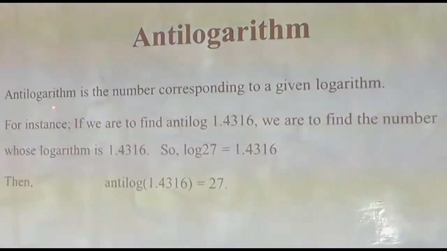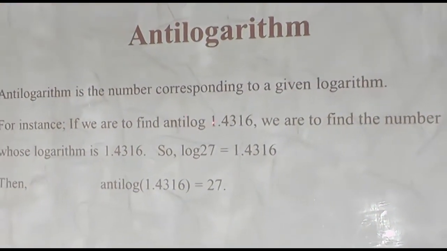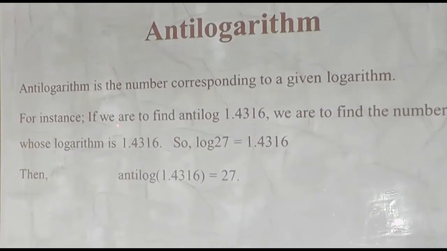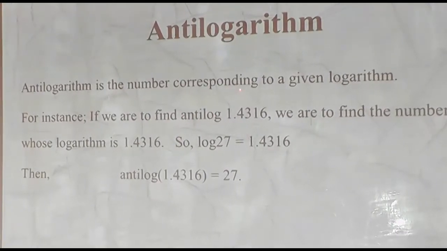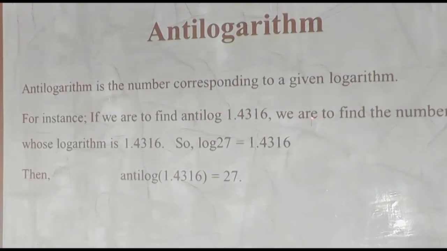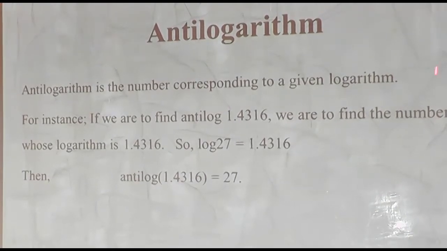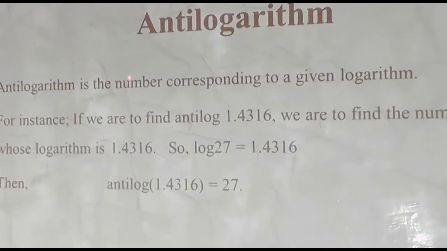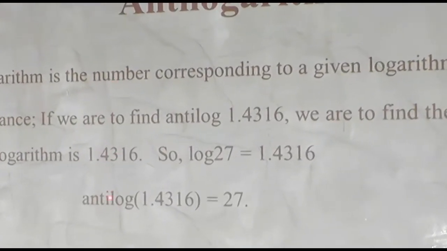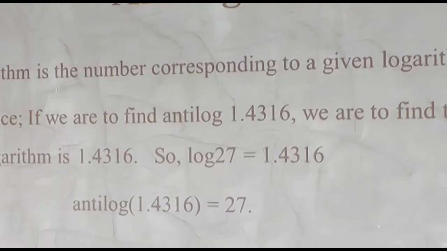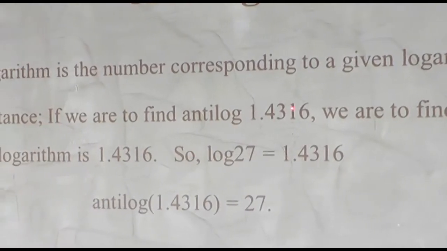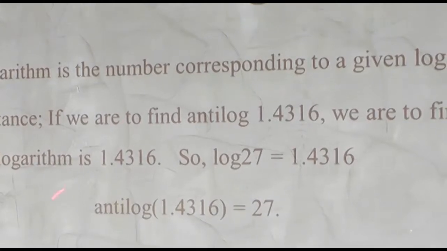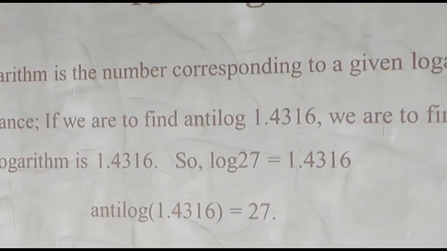Now, if we are to find antilog 1.4316, that means we are to find the number whose logarithm is 1.4316. Okay? In this case, we are given the logarithm already, and we are to find the number that has this logarithm.